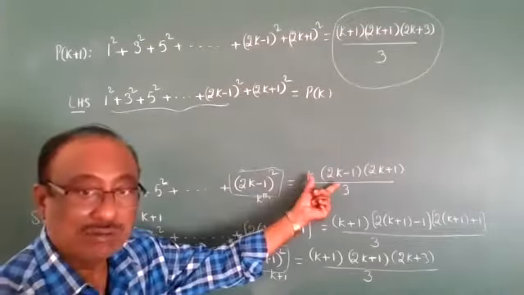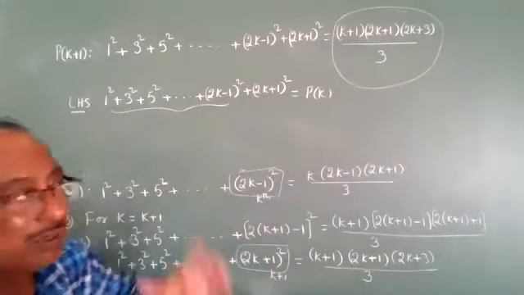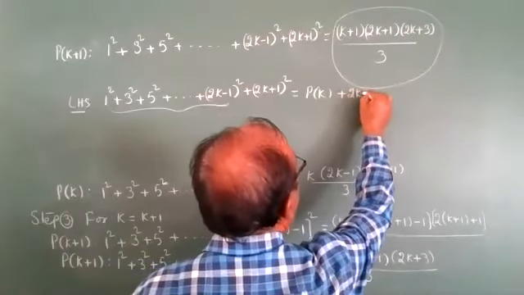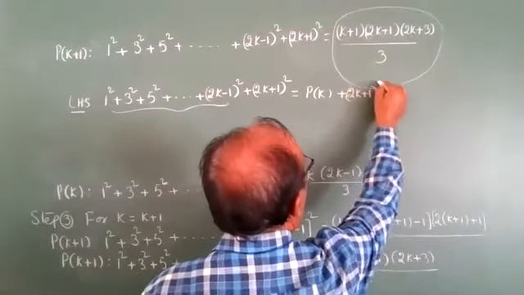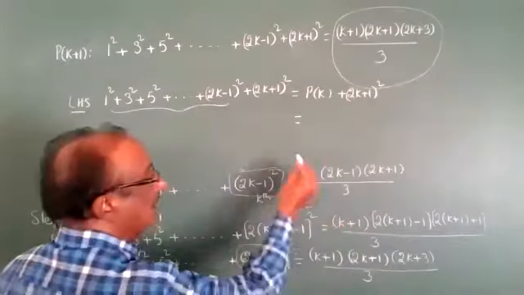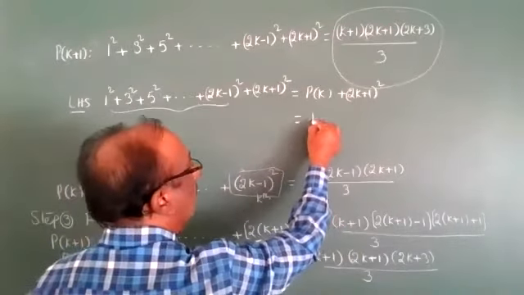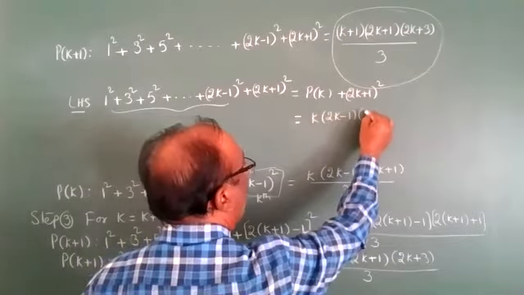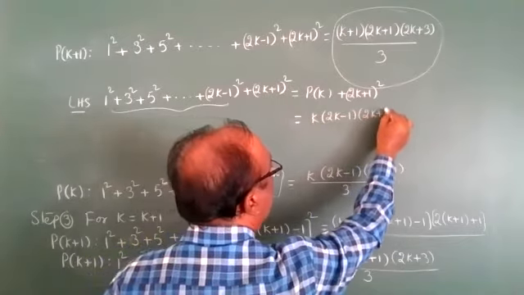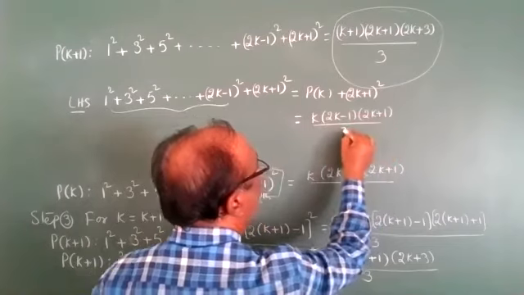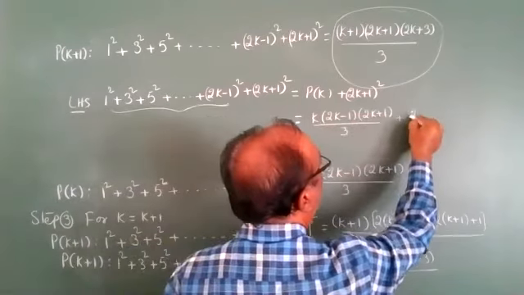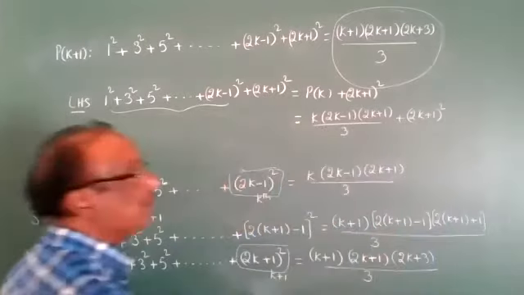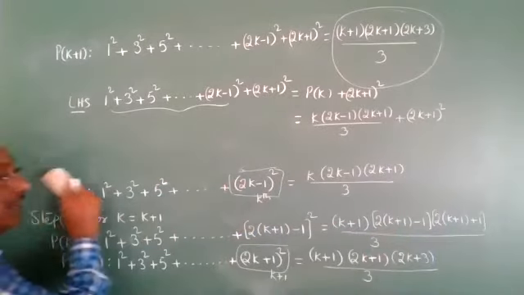Its answer is this one. You should remember. P of k plus 2k plus 1 whole square. P of k value, right side is there. Write down k into 2k minus 1 into 2k plus 1 upon 3 plus 2k plus 1 whole square. Right, take common and simplify. You get the same answer or not.